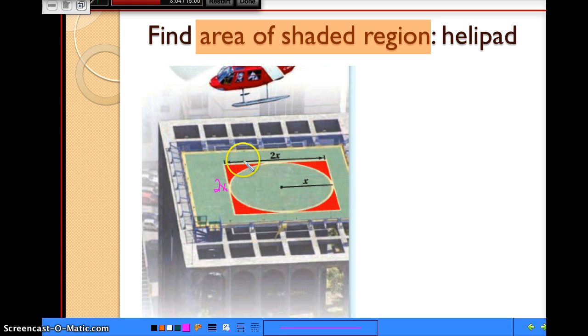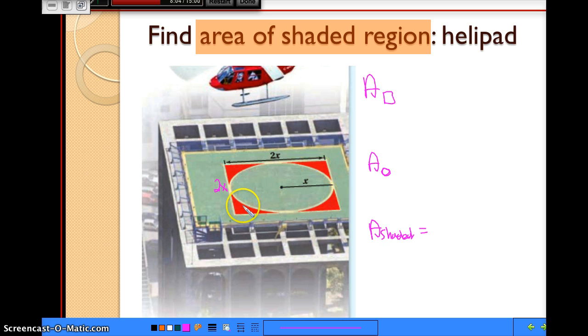So really what you want to do is find the area of the square, which is the bigger shape. Then we want to find the area of the circle, which is within the square, the smaller shape inside. And then to find the area of the shaded region, you would literally cut the circle out of the square, which means you would subtract.